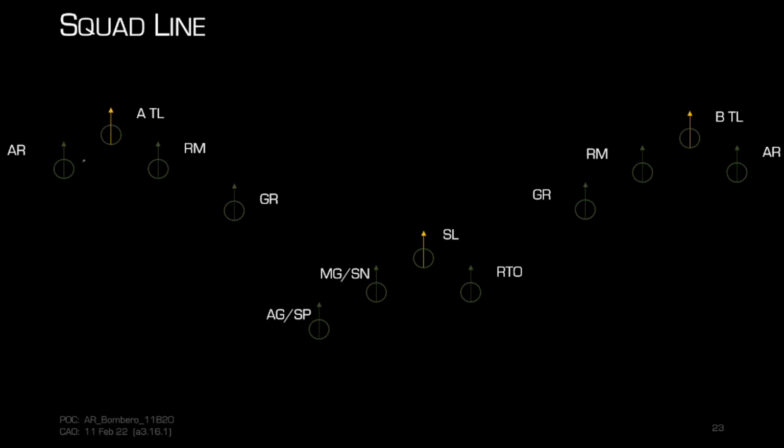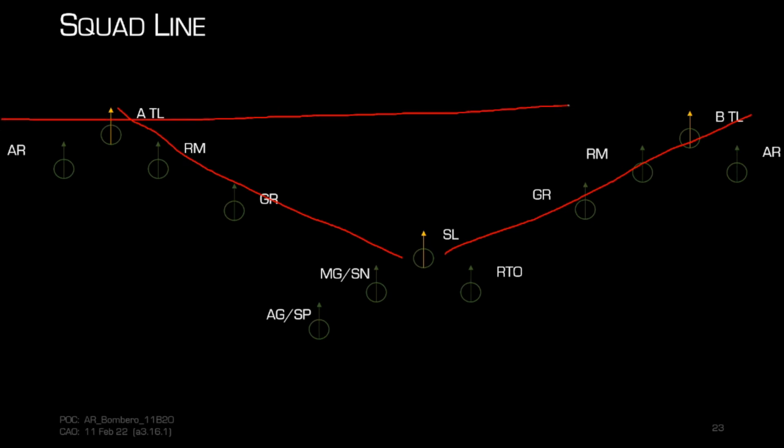A squad line can look like this with the units in wedges, which kind of lets the squad leader see his team leaders and keep an eye on everybody. It can also just be straight up, everybody shoulder to shoulder, spaced 10 meters apart, moving through a field. This gives you maximum firepower to the front. This is also kind of useful administratively if you're searching an area.